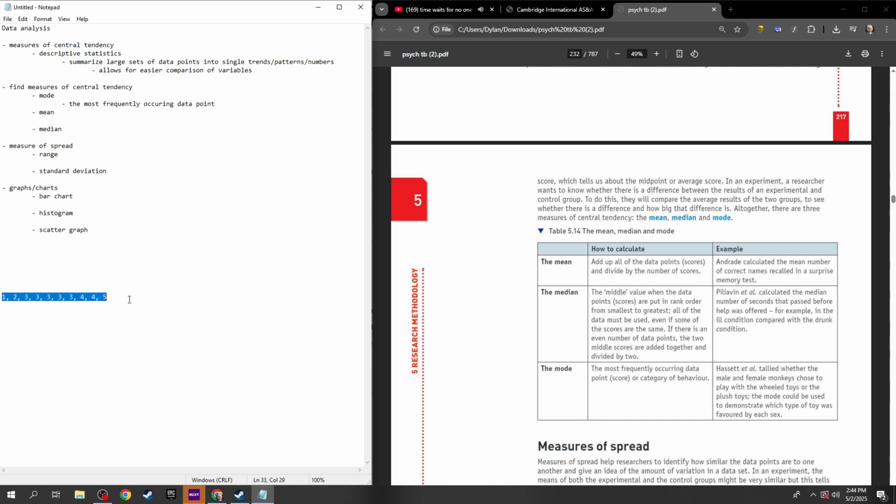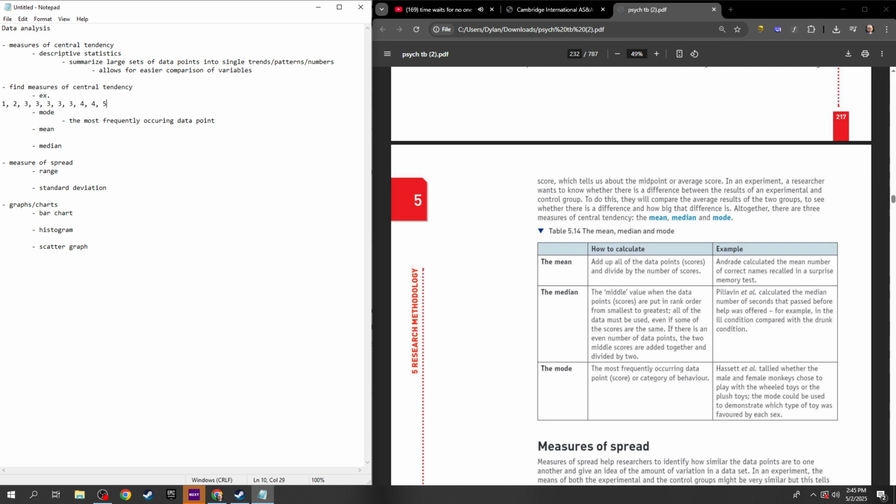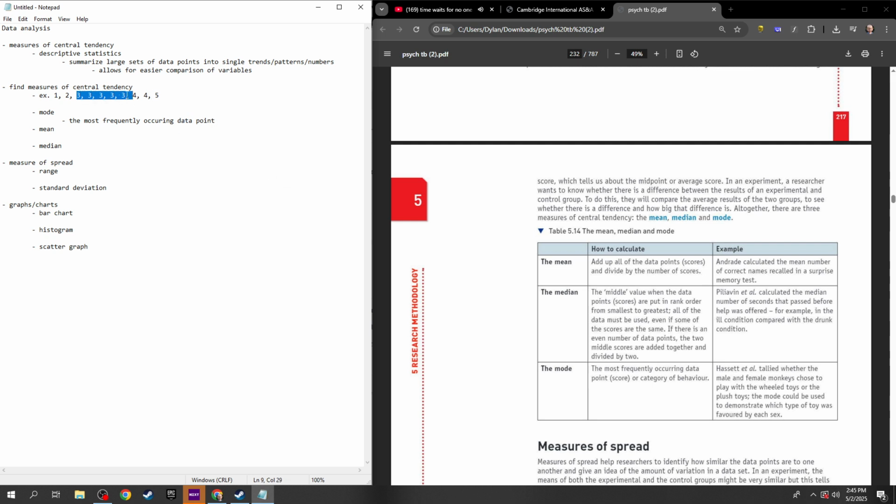So mode, mean, let's move this up here maybe. So taking this as an example here, the mode, the most frequently occurring data point would be 3, right? You can see here, 3 is the most frequently occurring data point.